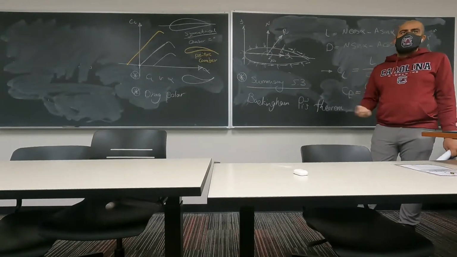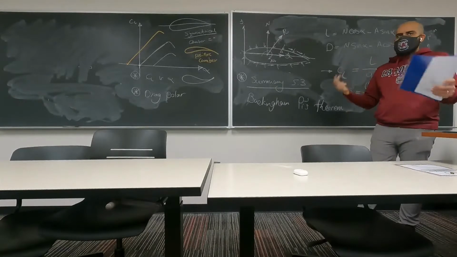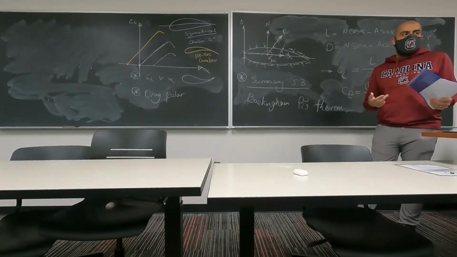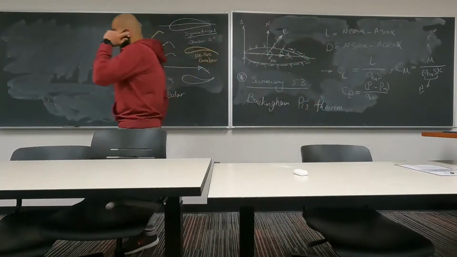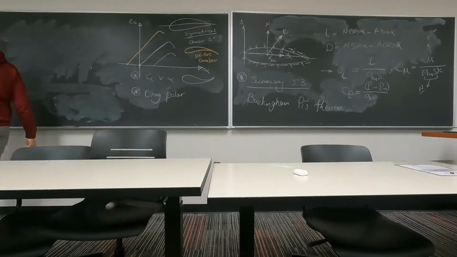So the lift coefficient, drag coefficient, or forces, lift and drag forces and normal and axial forces have to be a function of pressure and shear stress. But in our analysis, because we are dealing with low speed aerodynamics, what is one of the main assumptions we make here?